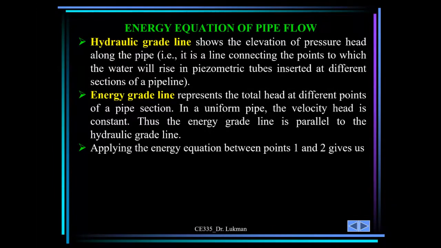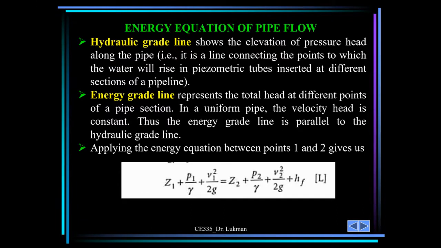Applying the energy equation between points 1 and 2 gives us the energy equation, which is an extension of the Bernoulli equation. The Bernoulli equation does not incorporate head loss. The energy equation is a more balanced equation that incorporates the head loss occurring when water flows from one point to another.